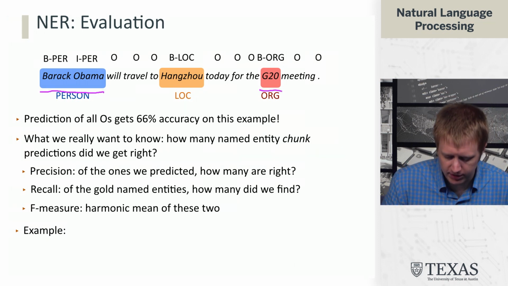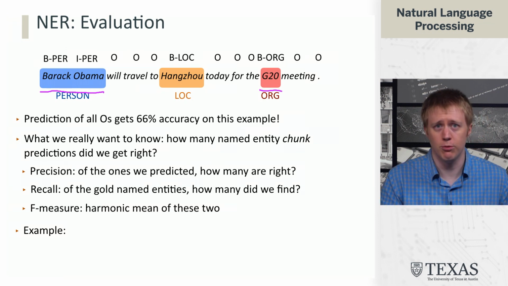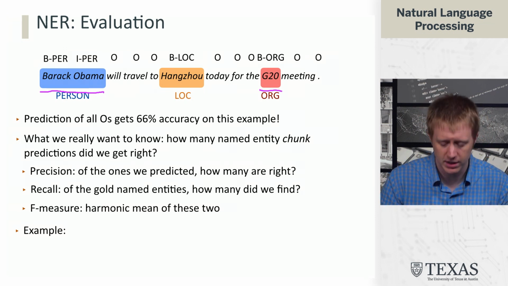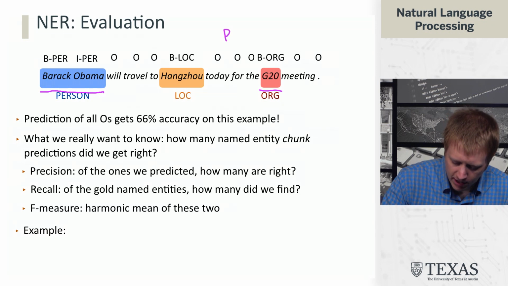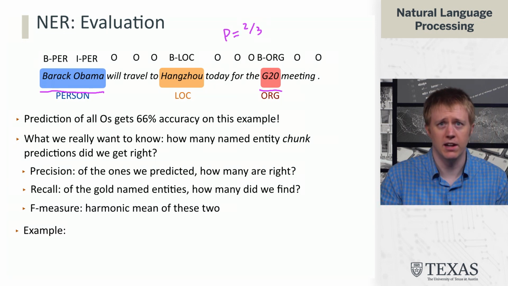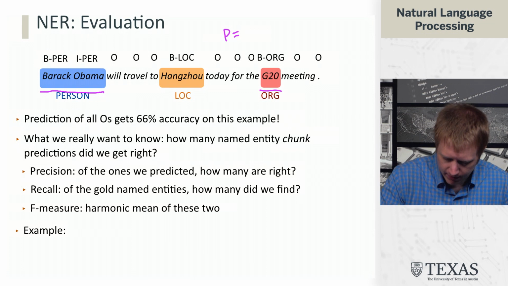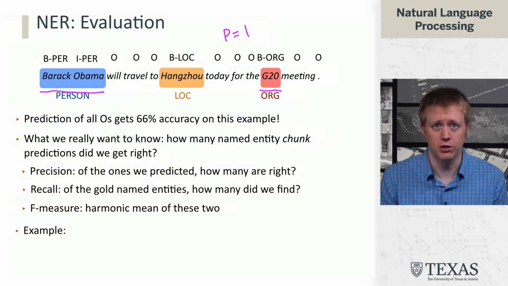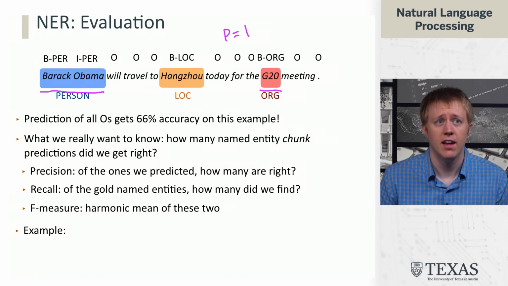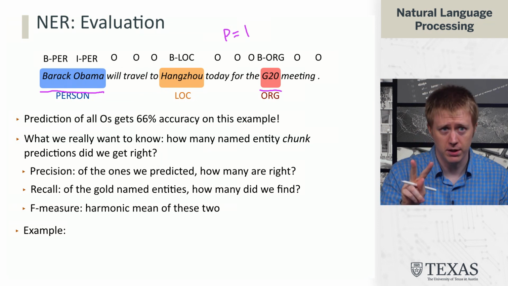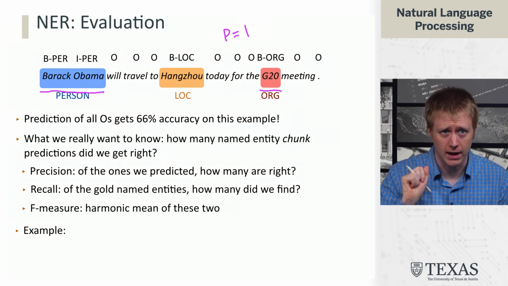Just to make it explicit, if our system predicted this person chunk correctly and this organization chunk, but then it just went right over Hangzhou and didn't predict it, the precision here is actually 1 because we made 2 predictions and they are both correct.